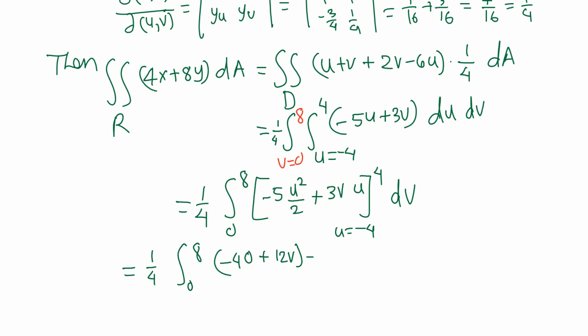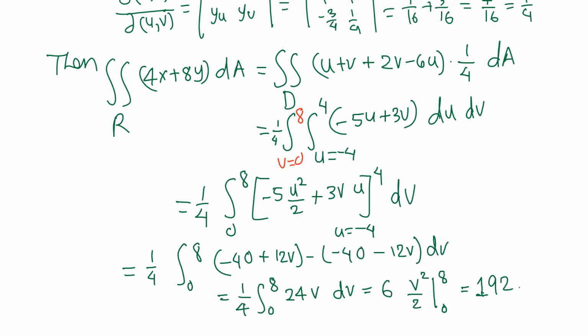The negative 40 and positive 40 cancel, 12v plus 12v is 24v. 1/4 goes into 24 six times. The antiderivative of v is v squared over 2, then upper limit minus lower limit, you get 192. Final answer.